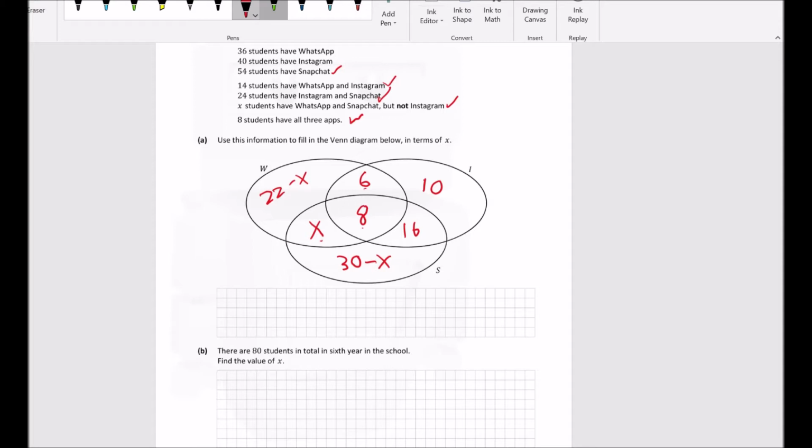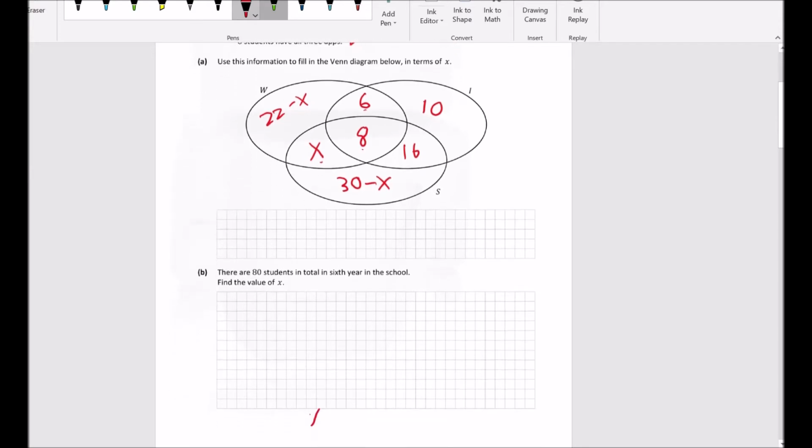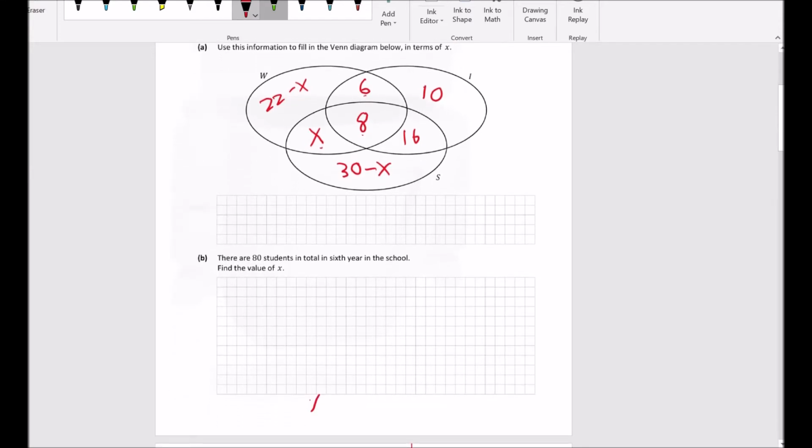Okay, so that's all filled in. There are 80 students in total in 6th year in the school. Find the value of X. Okay. So what that means is when I add up all of these, this, this, this, this, this, this, this, I should get 80. Okay? So let's write it out.